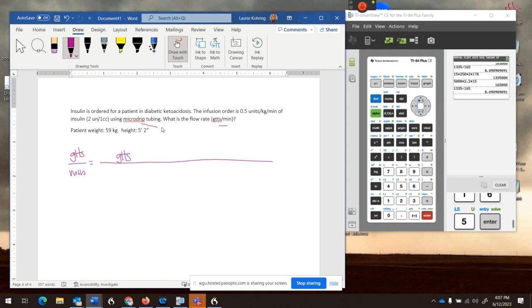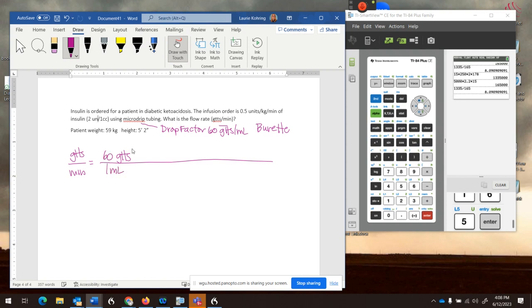Micro drip means that the drop factor is 60 drops per milliliter. Another term you might see that represents the 60 drops per milliliter is burette. So if you see burette or micro drip tubing, that means a drop factor of 60 drops per milliliter.